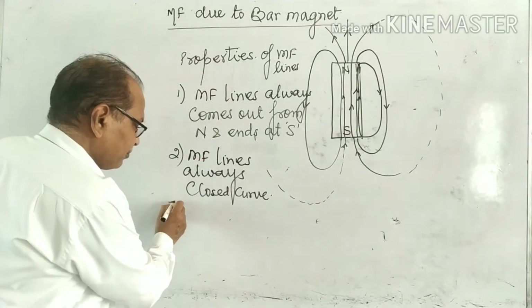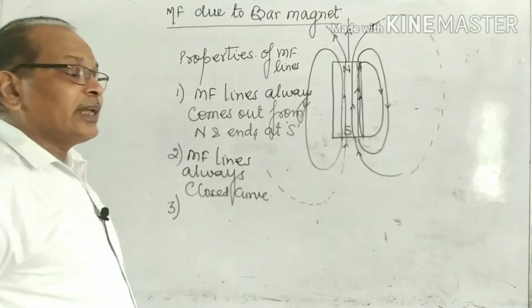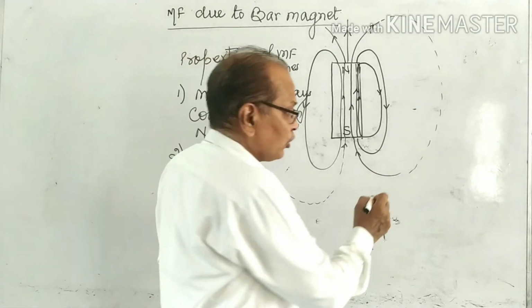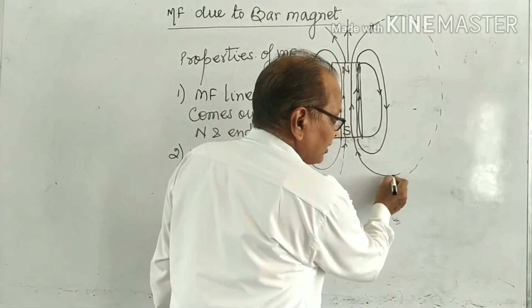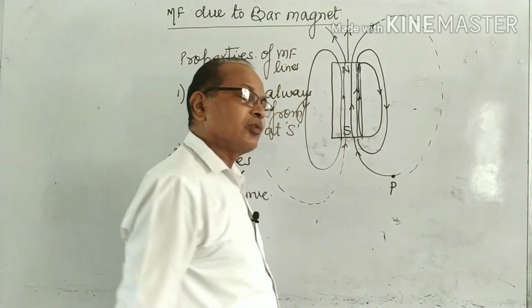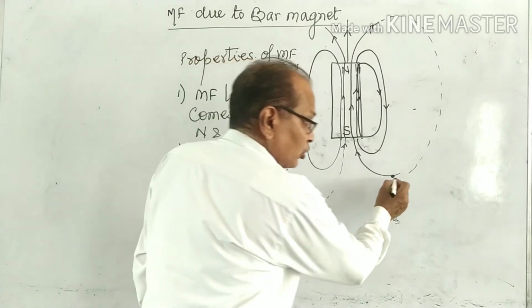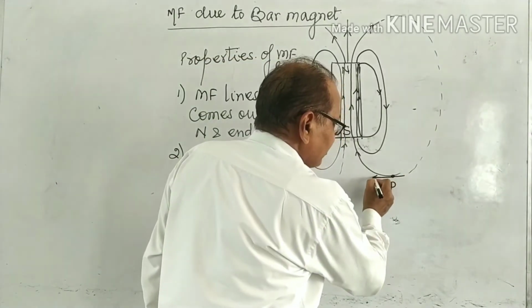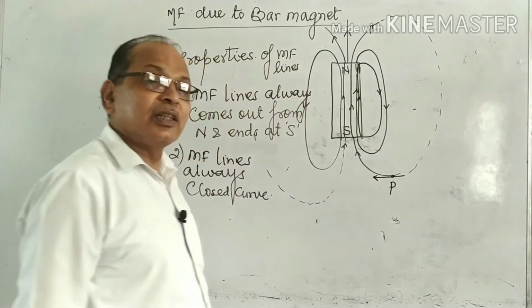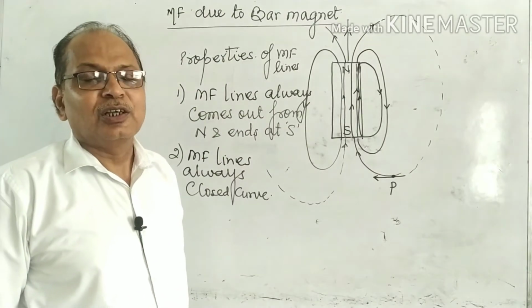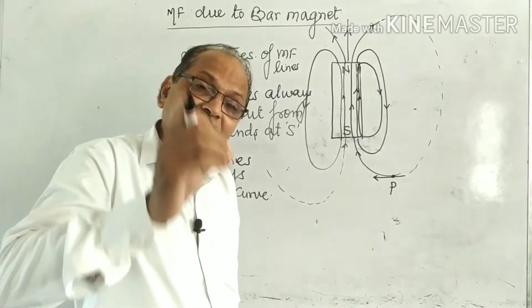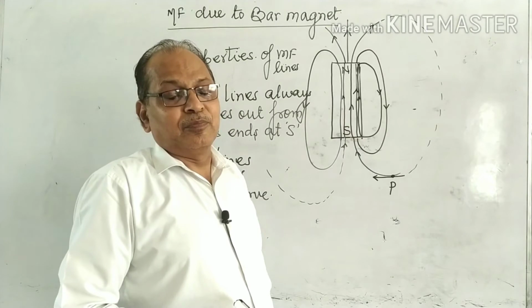Third property, tangent at any point. Suppose you have selected the point P on a magnetic field line. Draw the tangent. The direction of the tangent gives the direction of the magnetic field at that particular point.